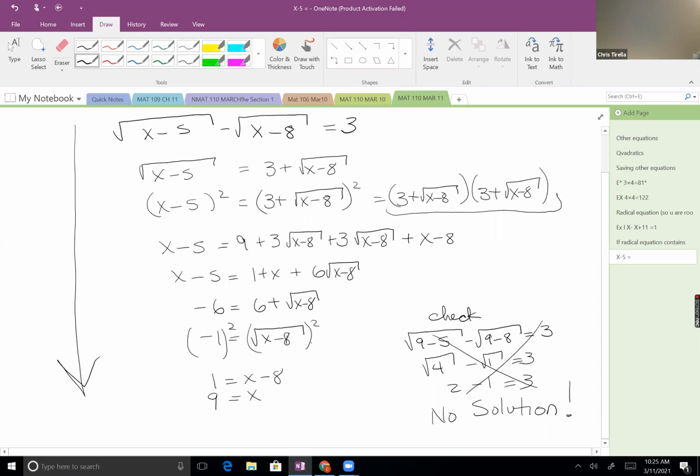Get that radical alone, square both sides, solve. But again, with these, the checks are super important. When we square both sides, we could get those extraneous roots.